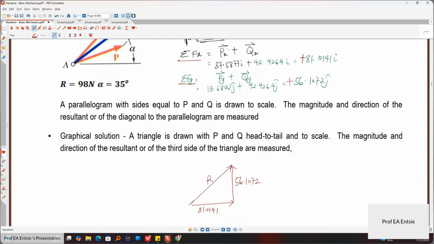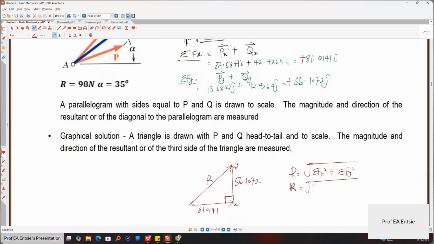So now our resultant, this is Pythagoras theorem, right? Because the angle is 90 here. It will be square root of summation of the x squared plus summation of the y squared. So R will be equal to square root of summation of Fx, this is the x component, this is the y component.